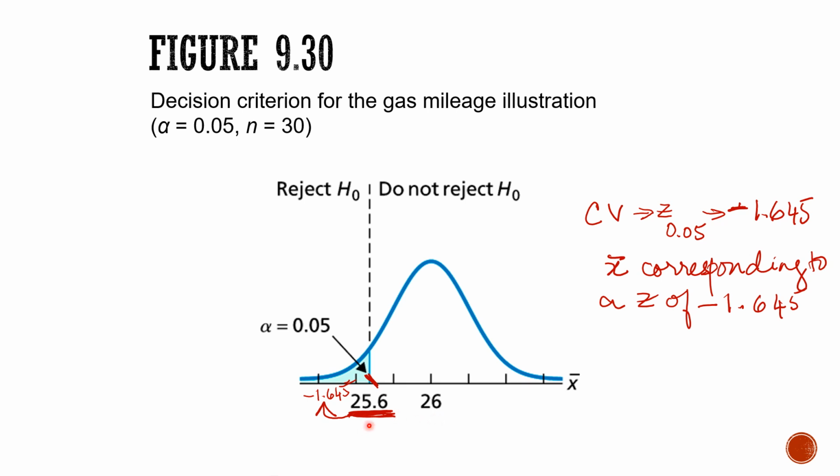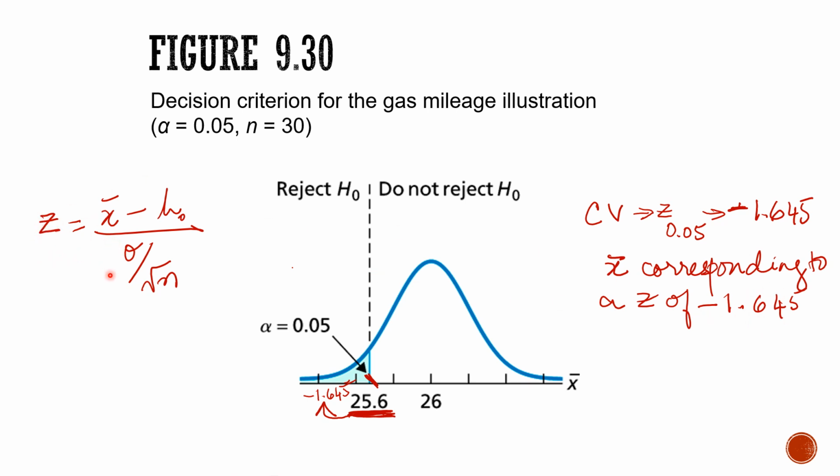If we know the formula we use to find our test statistic, which is Z equals X bar minus mu sub 0 divided by sigma over square root of n, normally we have our X bar value, the null hypothesis mean, and the sigma and n values, and we plug them into the formula and find our Z. This time we know our Z, which is negative 1.645.